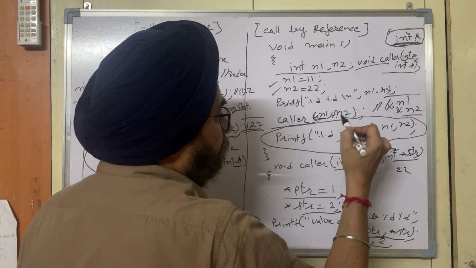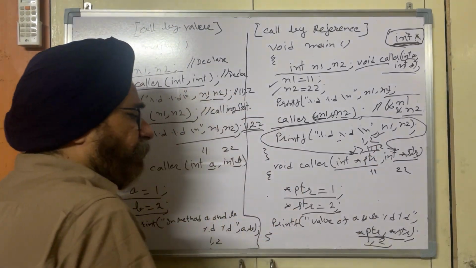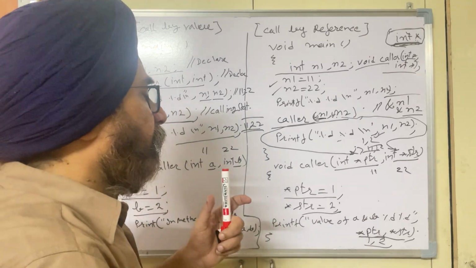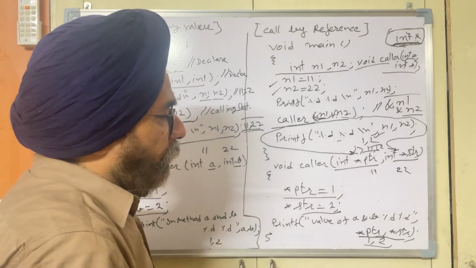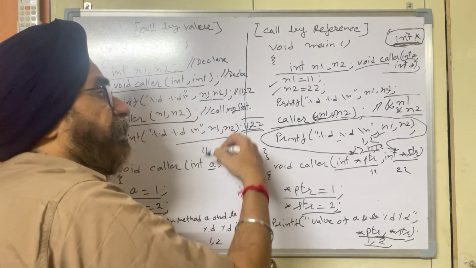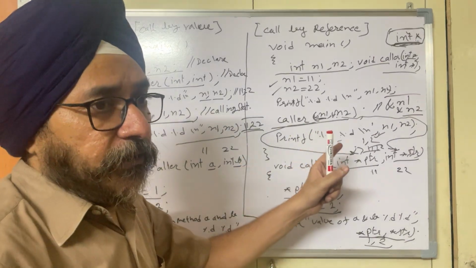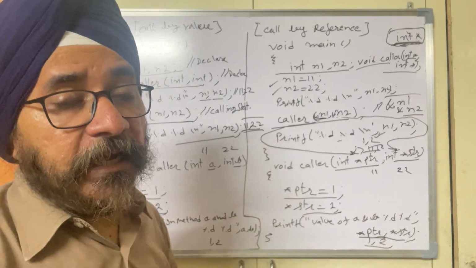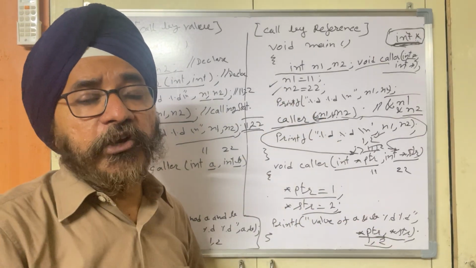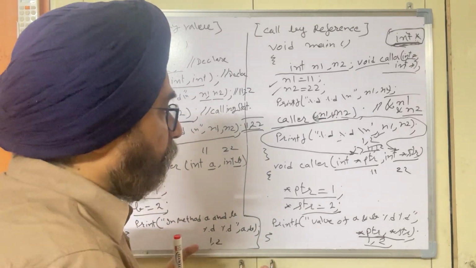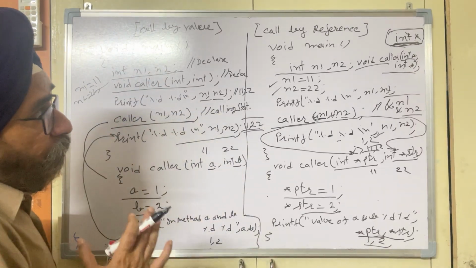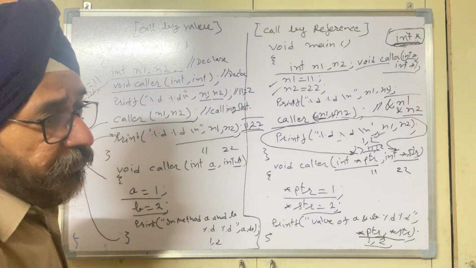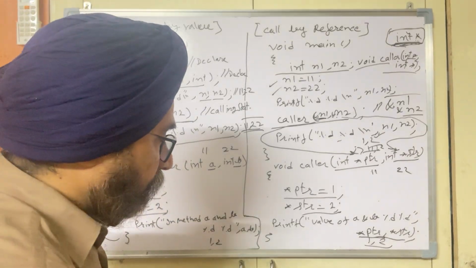Most important thing: whichever variable we change with the help of the pointer variable automatically changes in the main method, because we are working on the address of the variable, not the value of the variable. So a very important question for the exam: what is call by value and call by reference.